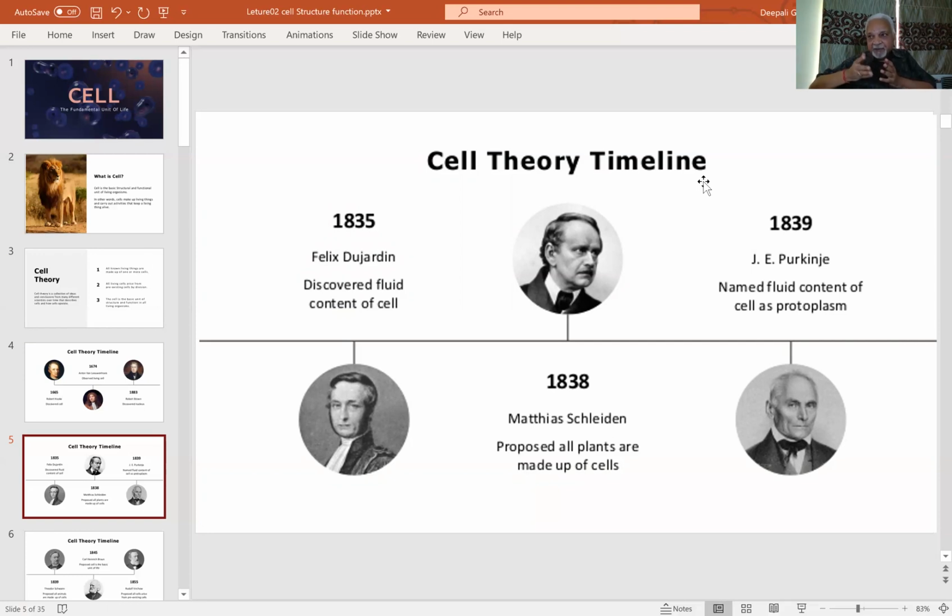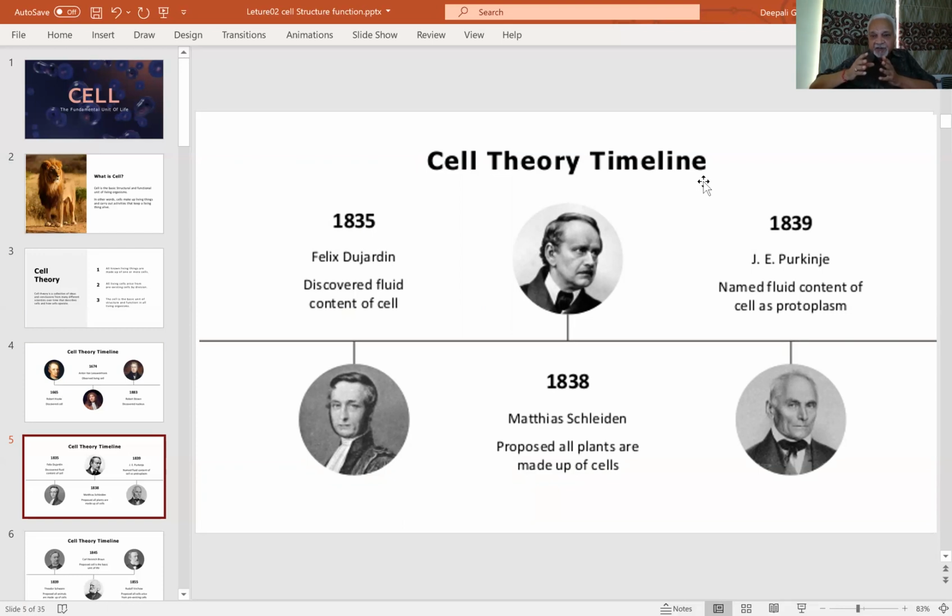And subsequently, in 1839, it was Purkinje who gave the name protoplasm to that fluid present in the cell.